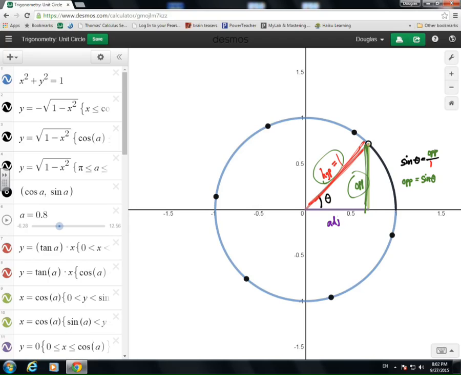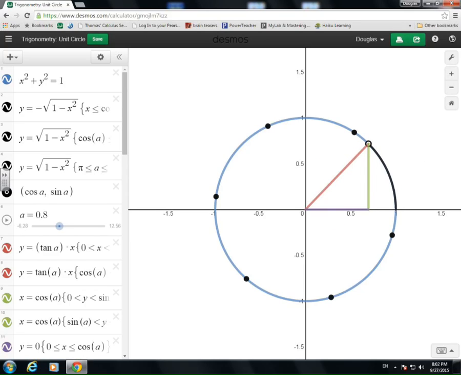But now, because the length of the hypotenuse is always fixed at 1, we don't have to look at the relative comparisons of these two sides. We simply need to focus on the length of just the opposite leg itself. So we've cleaned up trigonometry so that the length of the opposite leg is the sine of the angle. They're synonyms.